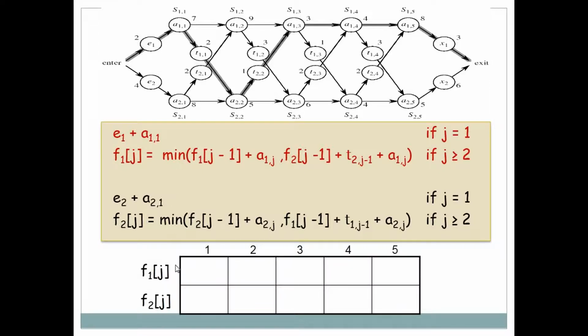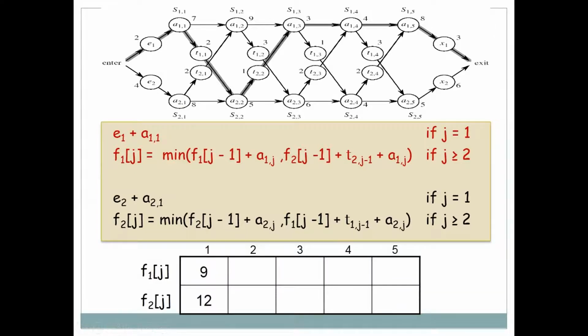So for f1[1] our cost will be 9. Now let's find for station 1 of assembly line 2. This says that if j is equal to 1, then e2 plus a21. So e2 is equal to 4 and a21 is equal to 8, so 4 plus 8 is 12. So this station will cost 12.